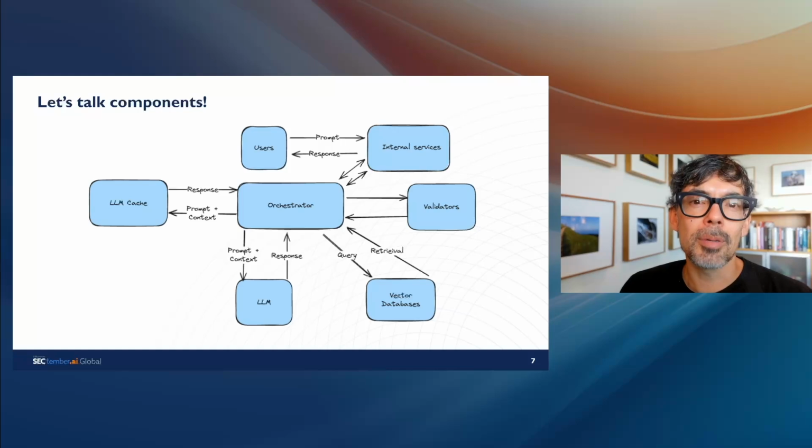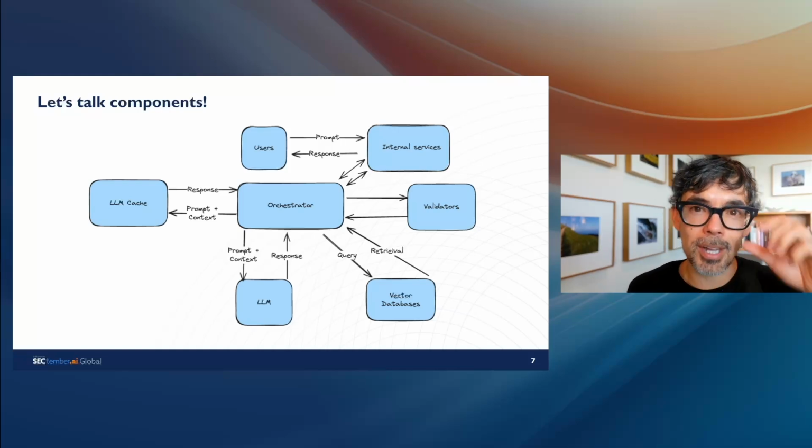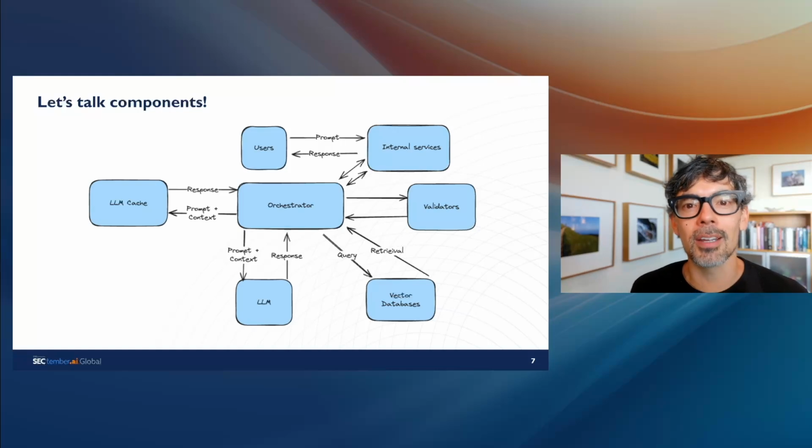So let's talk about some of the components that make up a system that uses large language models. These are loose terms that maybe aren't formally defined. For instance, orchestrator is something I took from the Andreessen Horowitz deck on common architectures they're seeing with LLM-backed systems. At a high level, we have users, pretty obvious.